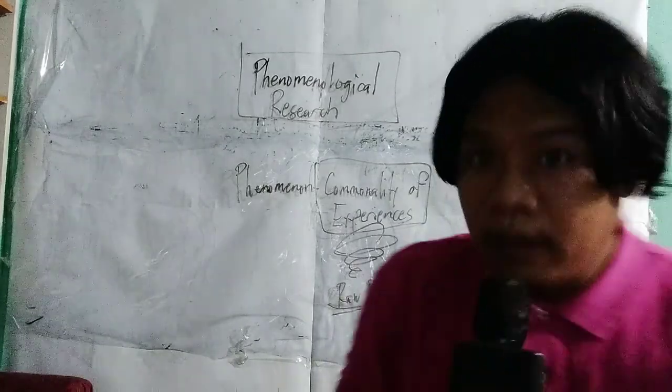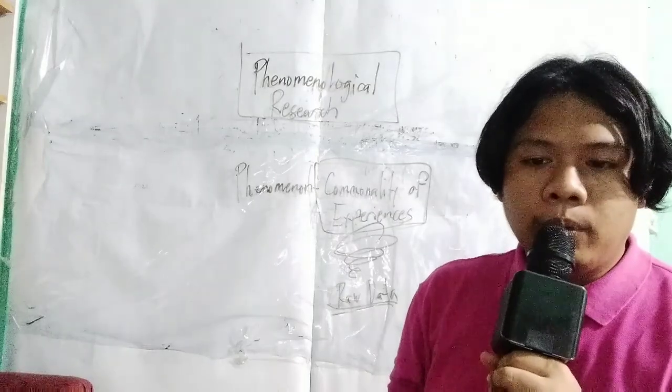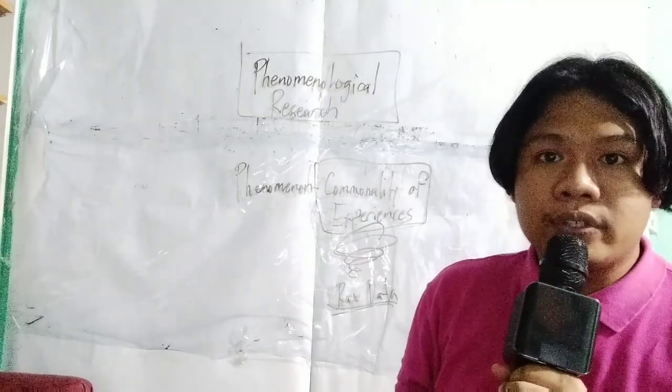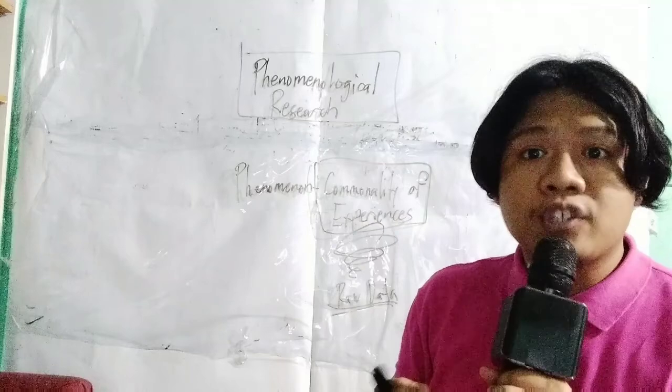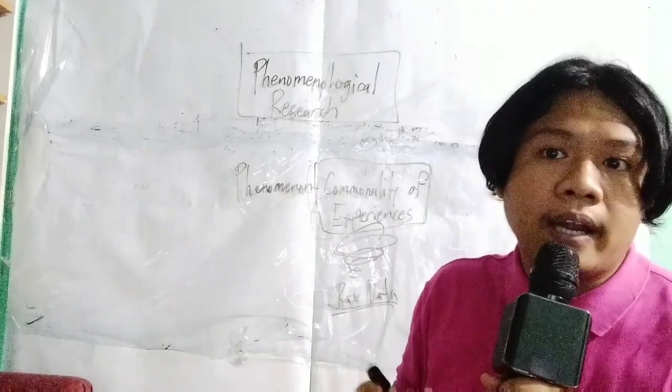With that being said, I'd like to go back to one of my previous lectures in terms of open and actual coding, as well as extracting the themes of various data.